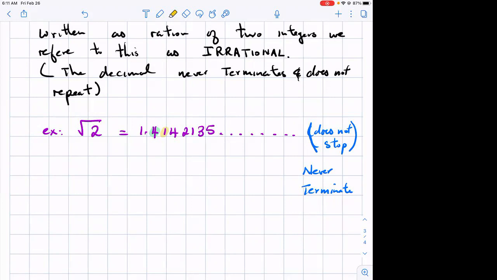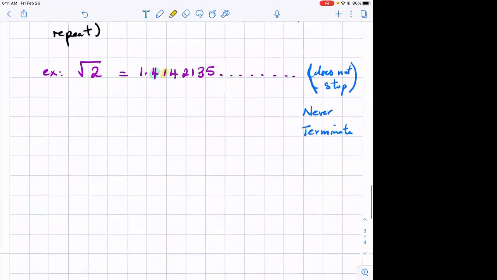That's what we mean when we say the digits do not repeat consecutively, because 1/3, which is 0.333, has repetition.